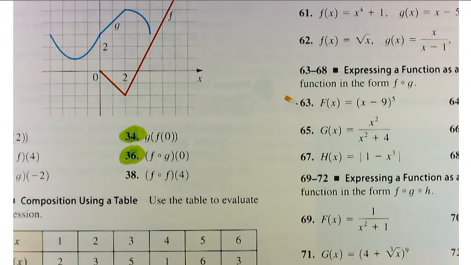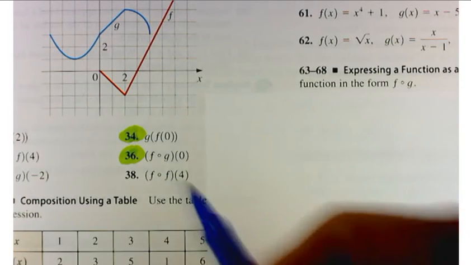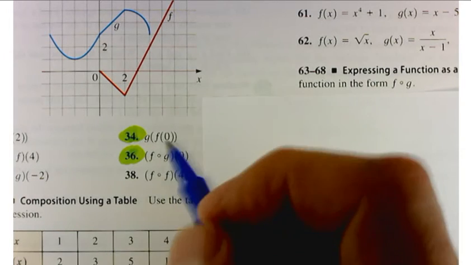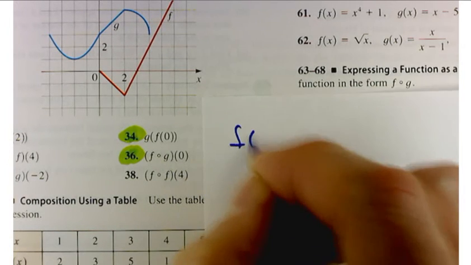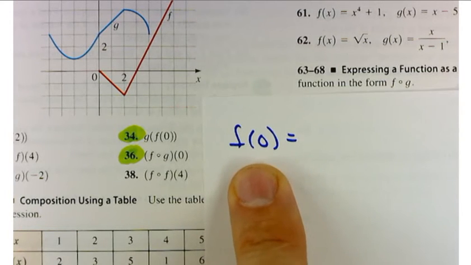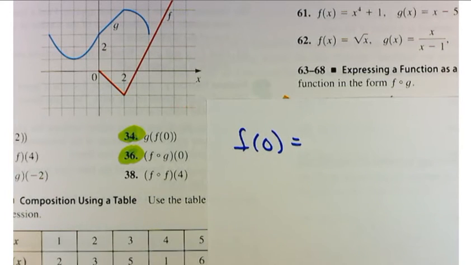They ask us for g of f of 0. So where are we going to start? Well, start on the inside. What's f of 0 equal? 0. So if I have g of f of 0, that's the same thing as g of 0.